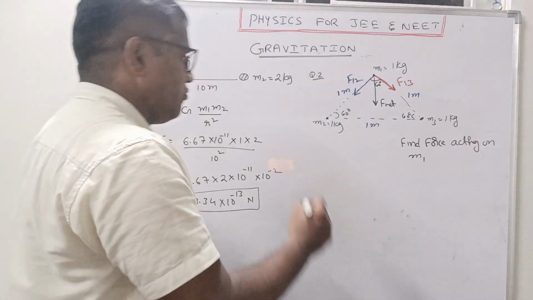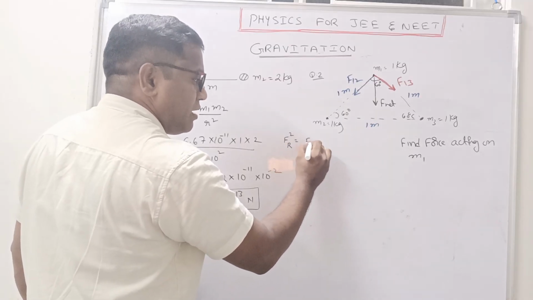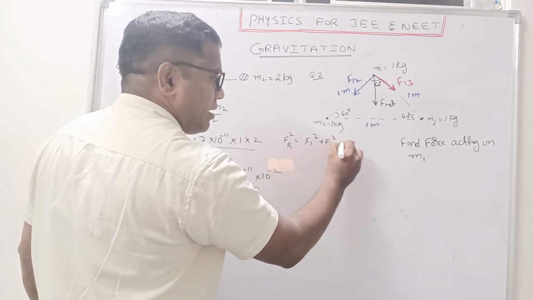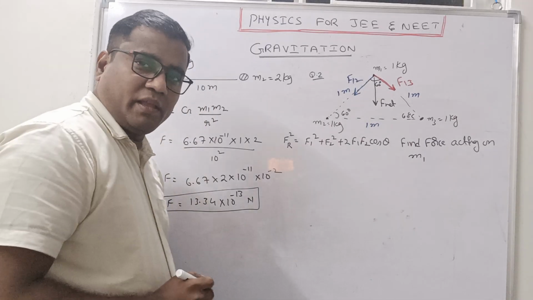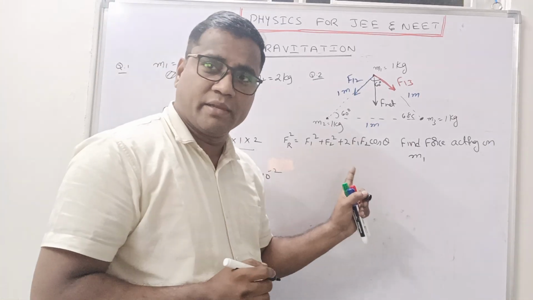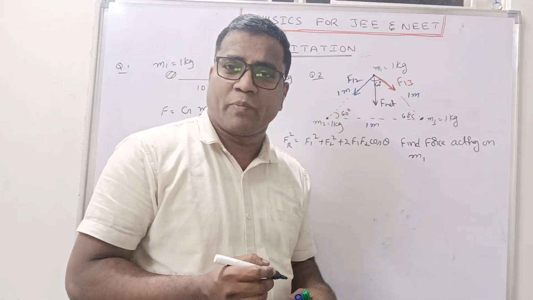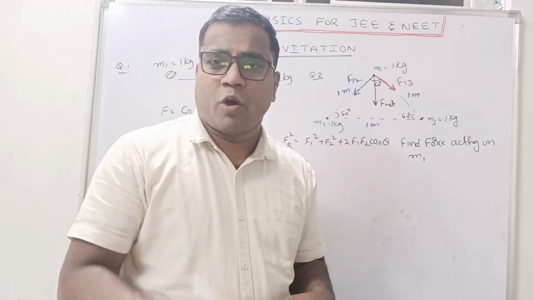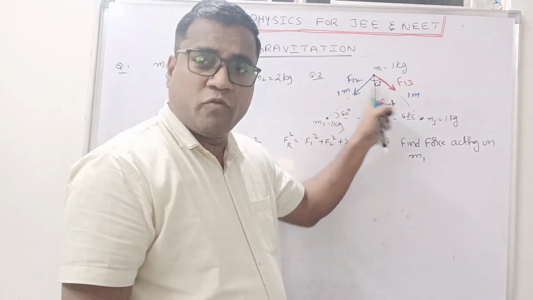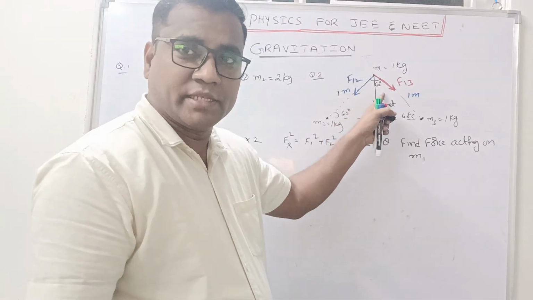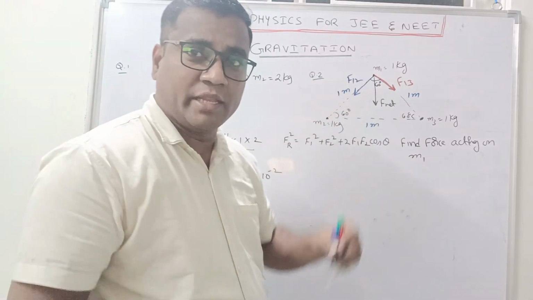The general formula: F resultant square is equal to F1 square plus F2 square plus 2 F1 F2 cos theta, as you may have studied in vectors, where theta is the angle between the two forces. How much is it here? It is 60 degrees.